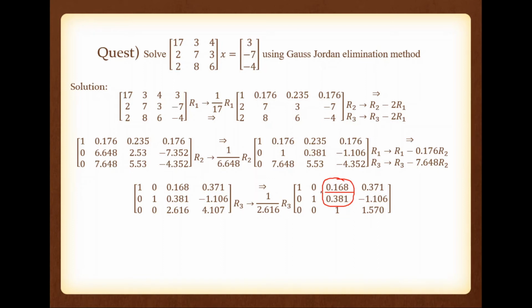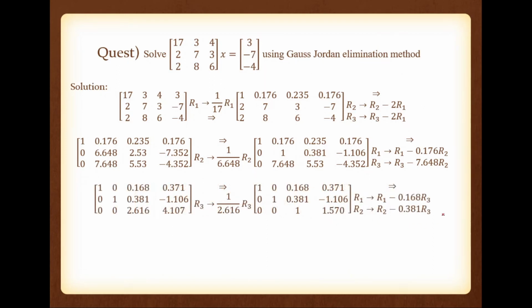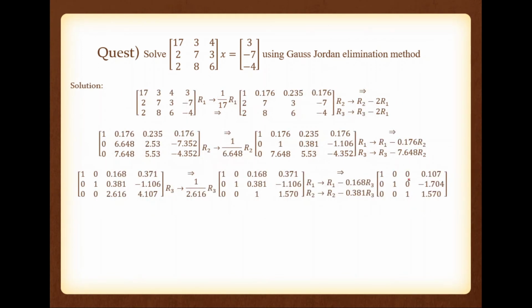Similarly, how to remove this 0.381? This is the second row, so R2 is equal to R2 minus 0.381 into R3. So these are the required operations. Now what is the final augmented matrix? We have 1 0 0 0.107, 0 1 0 minus 1.704, 0 0 1 1.570. The left hand side is the identity matrix, so the right hand side is the solution. So x is equal to 0.107, minus 1.704, 1.570.